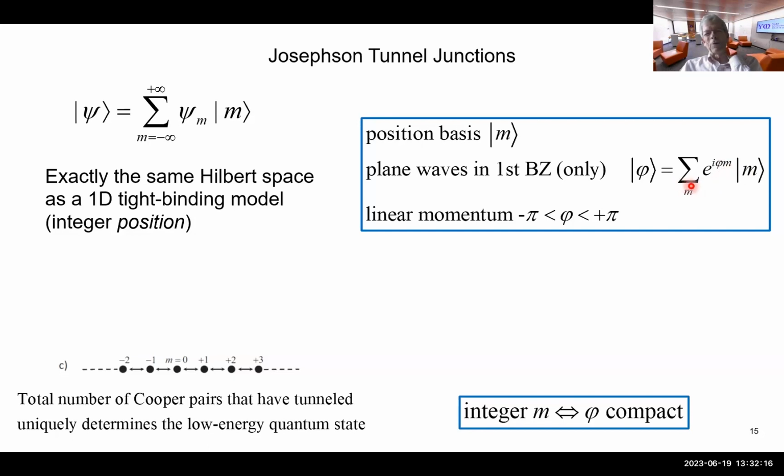And so I'm living only in the first Brillouin zone, just as I do in a single orbital tight binding model. The linear momentum lives between minus pi and pi in these units where the lattice constant is 1.